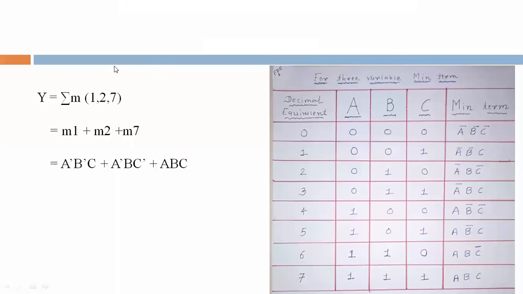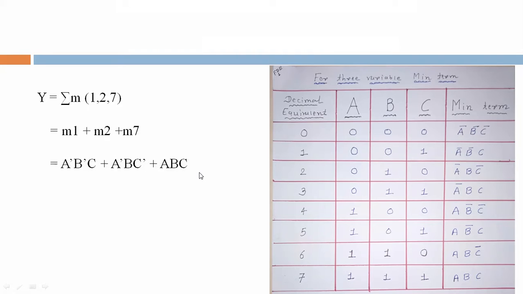Here we get for that function 1, 2 and 7, and from that we write m1, m2 and m7, because minterm is that, based on the function of minterms. So we write m1, m2 and m7 with respect to the above line, and from that we get the minterms: A' B' C plus A' B C' plus A B C.